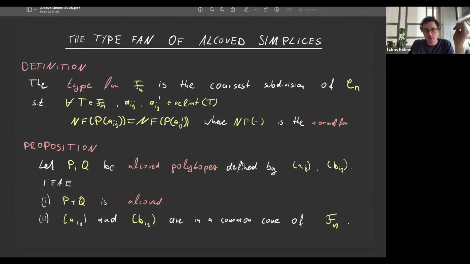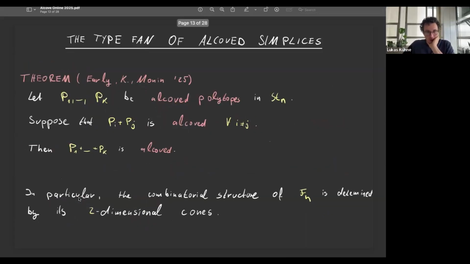Either way, understanding when the sum of alcoved polytopes is again alcoved is equivalent to understanding the structure of the type fan of alcoved polytopes. And the first result I'd like to report on in this project is the following. Say we have k alcoved polytopes P_1 to P_k in H_n, and assume they are pairwise compatible, meaning that P_i plus P_j is alcoved for all indices i and j.